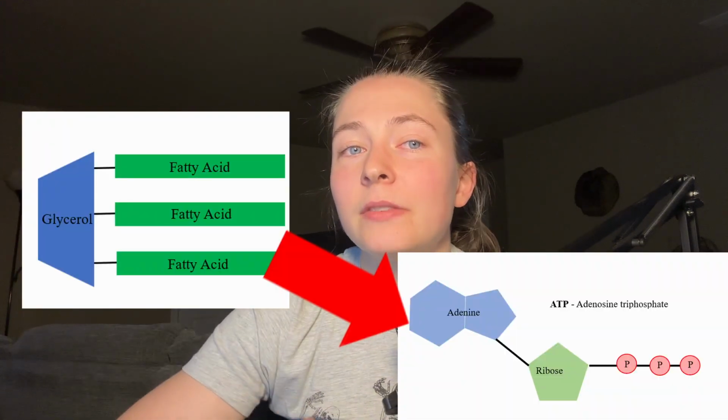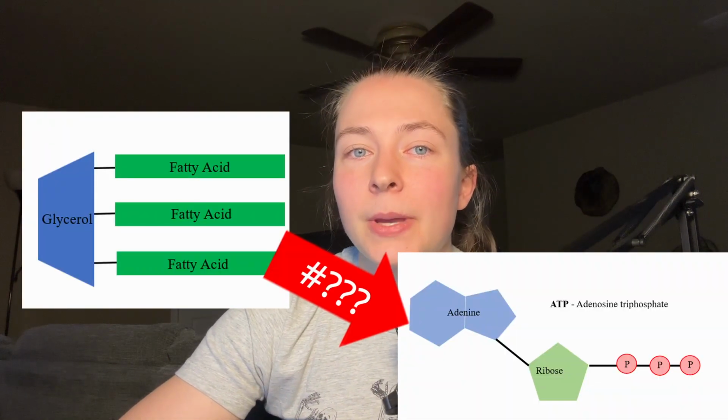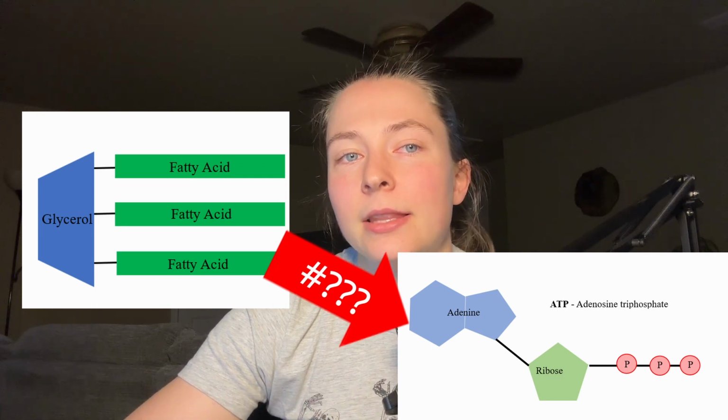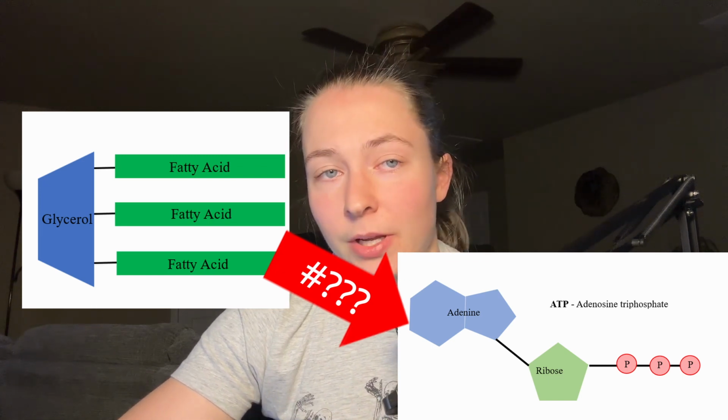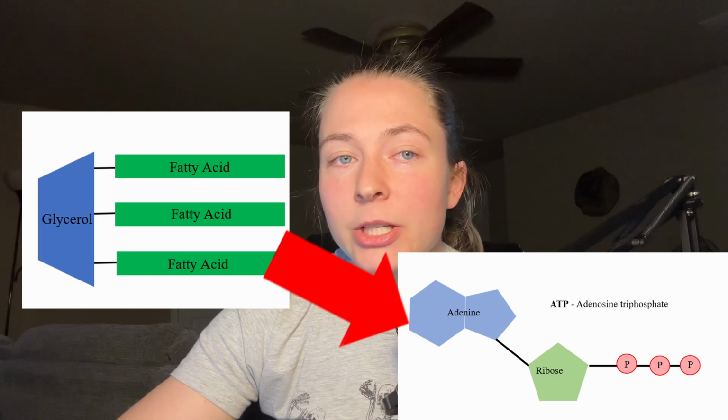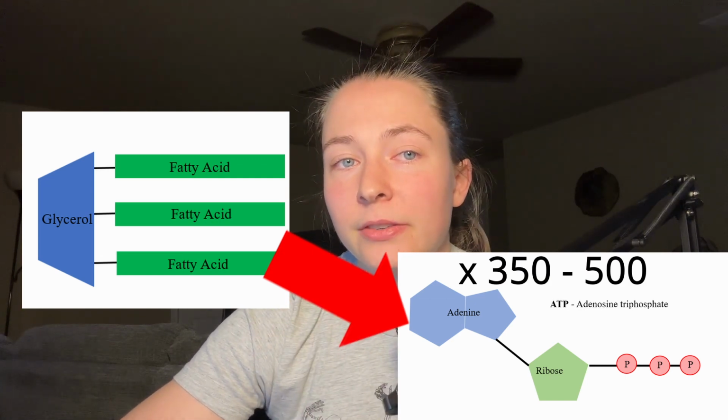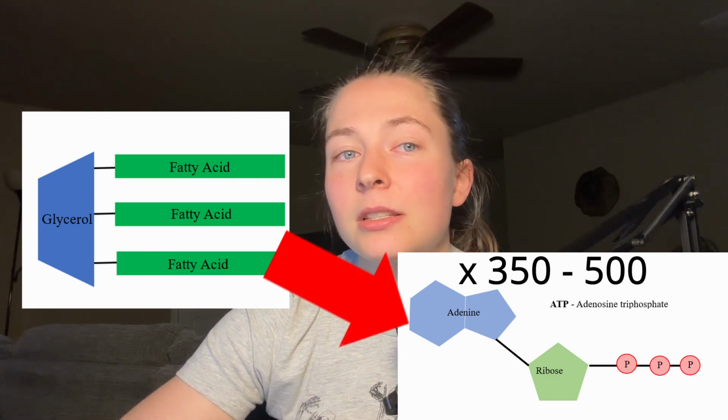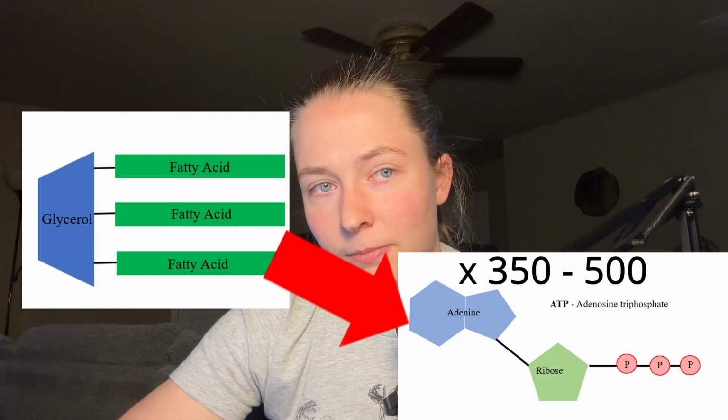The number of ATPs produced depends on how many carbons were in the fatty acids to start with. So we can end up with a range between about 350 and 500 ATPs from one triglyceride molecule. This does, however, require great amounts of oxygen to be present.